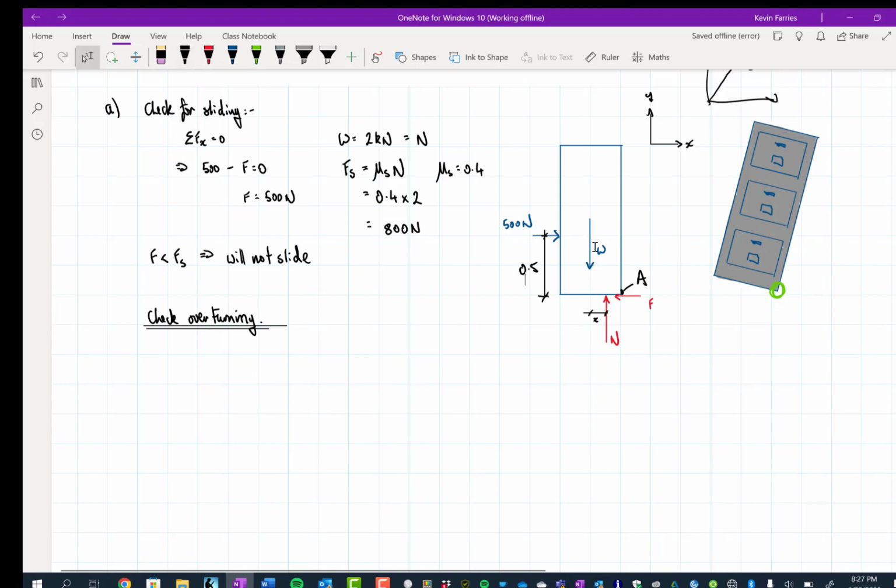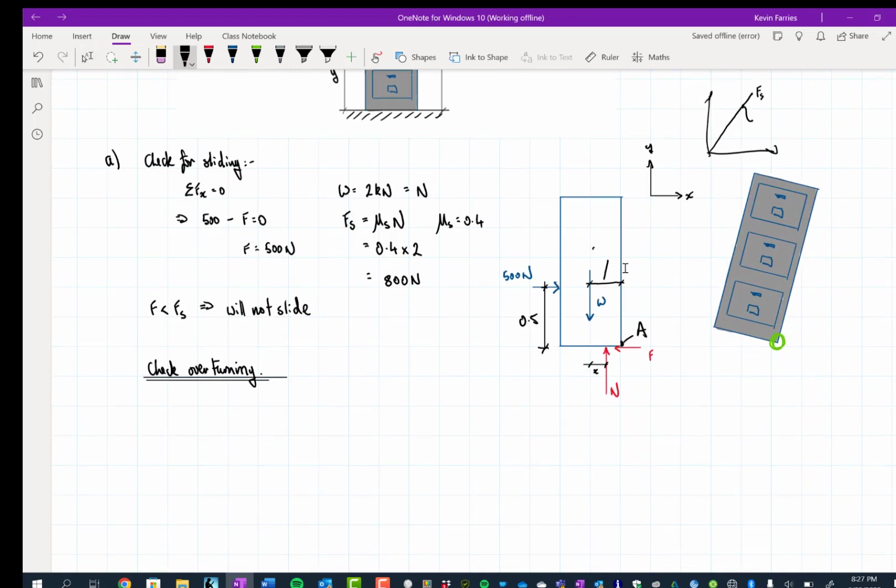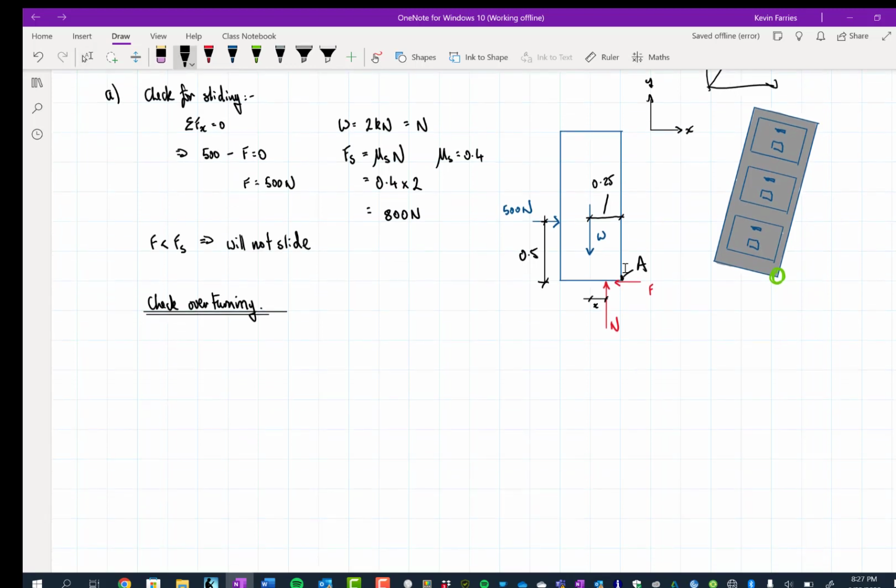And then the restoring moment, what's going to turn it back to make it sit down, is the weight times this lever arm here. I think the whole thing was 0.5 wide, wasn't it? So that's 0.25.